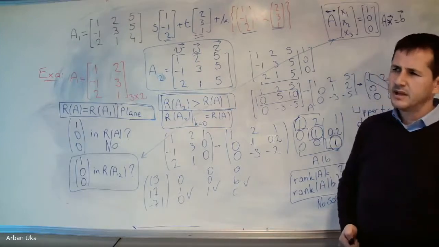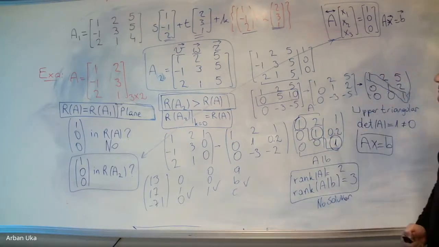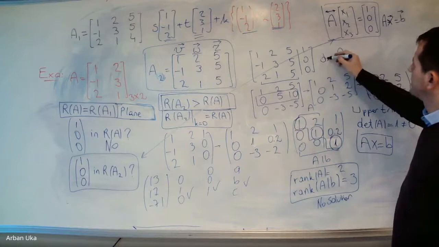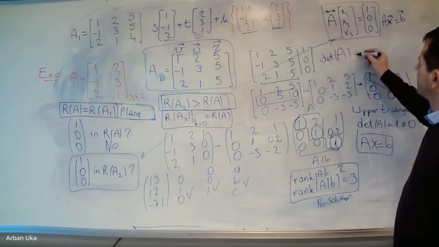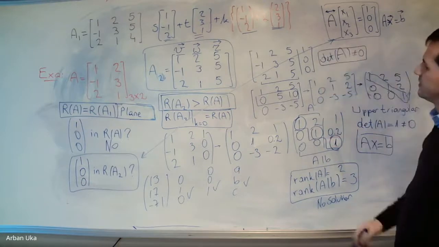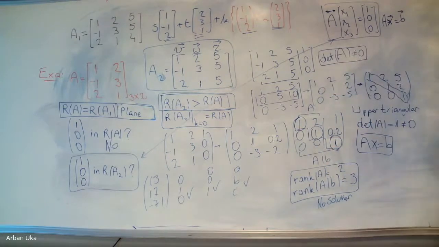Okay? And why is that? The reason is that the determinant of A2, which we can denote like this, is different from 0. Okay? And I can also say the following.